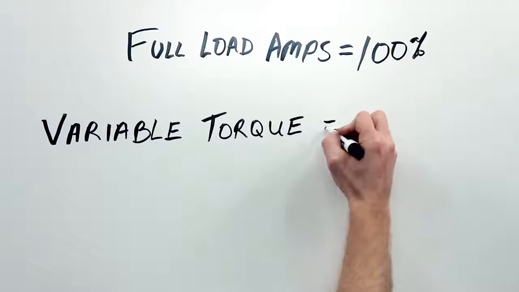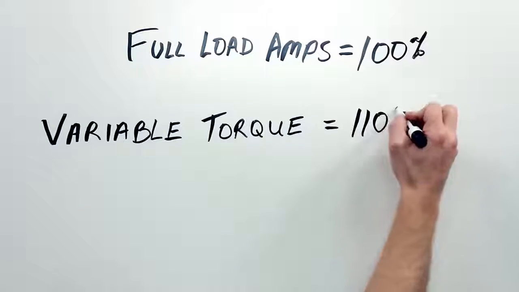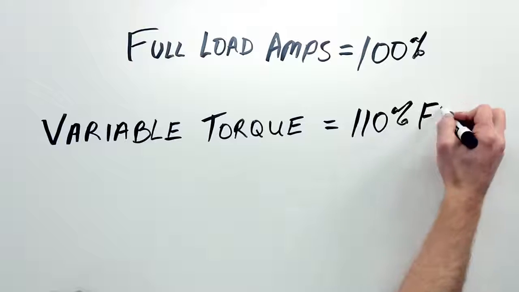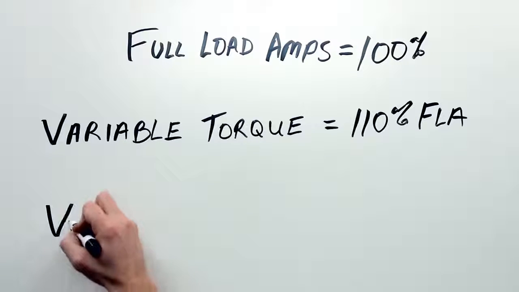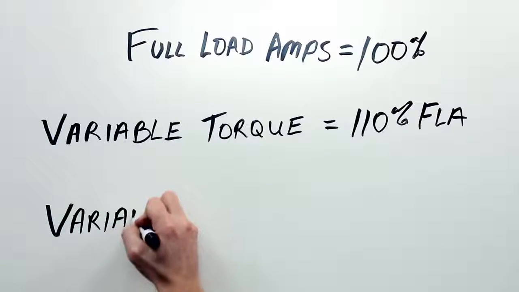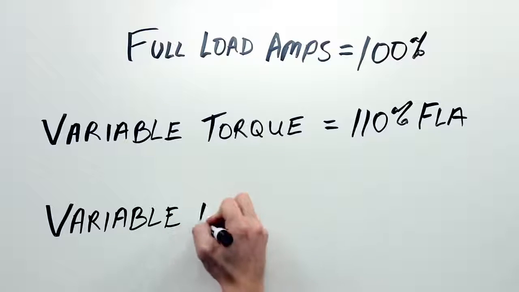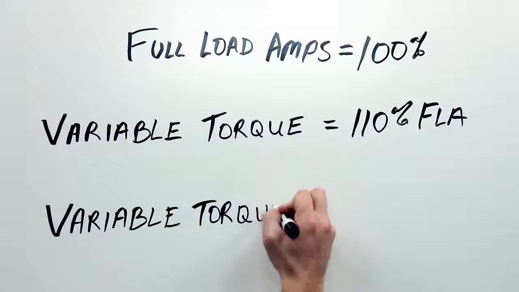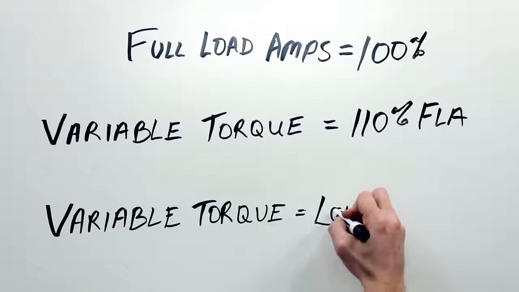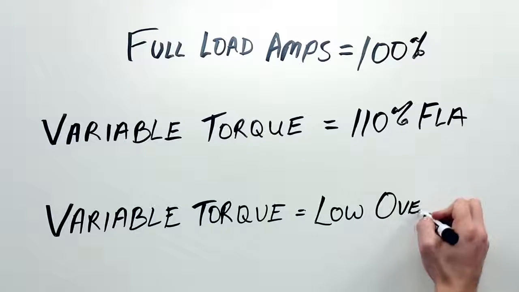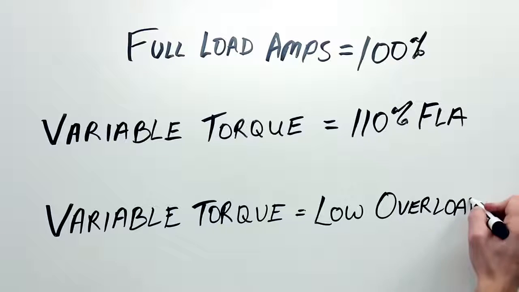Since you never really encounter chunky air, or if you're moving clean water, both are consistently smooth, so you don't need to have much extra capacity over the motor's FLA. So with a variable torque load, we size the drive so it has the ability to pump out 110% of the motor's FLA for a brief period of time. We call this a drive with low overload capability, as it's able to provide 110% of the FLA.